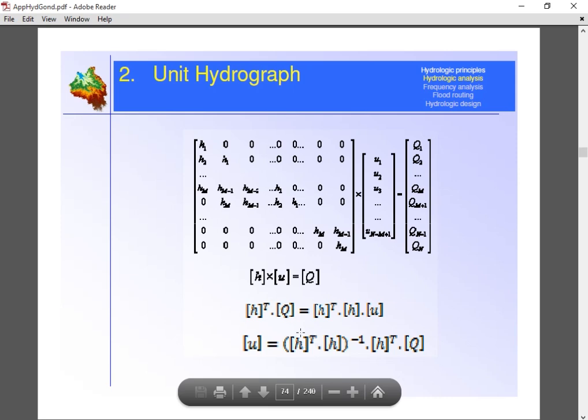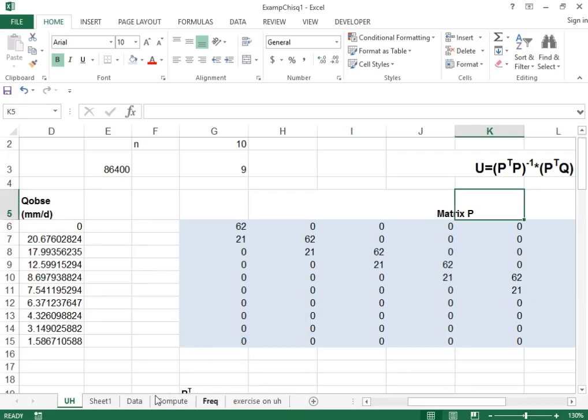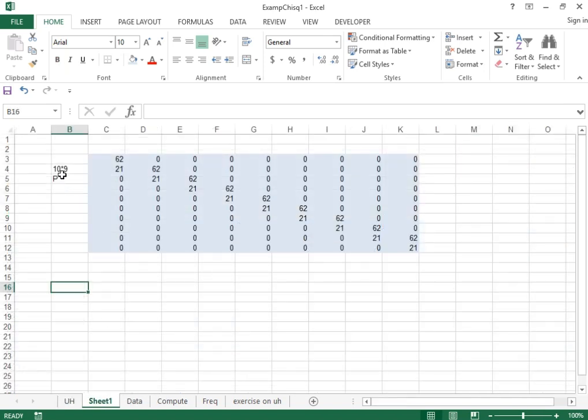You should know about this. This one is simply not P, or you can rewrite it as H. Let me say H. And we are required to determine the transpose of this matrix. H transpose.